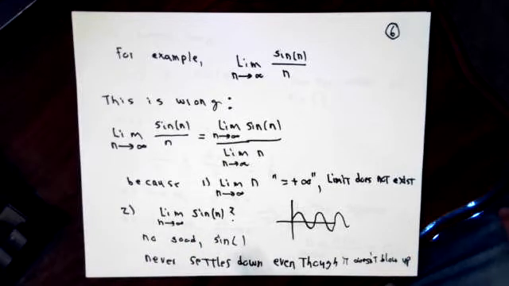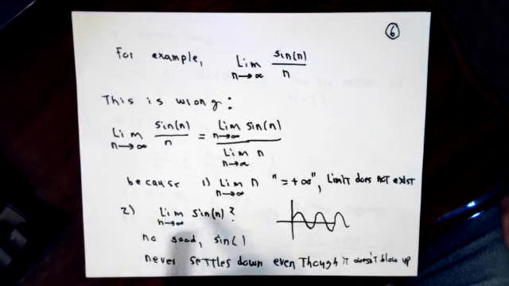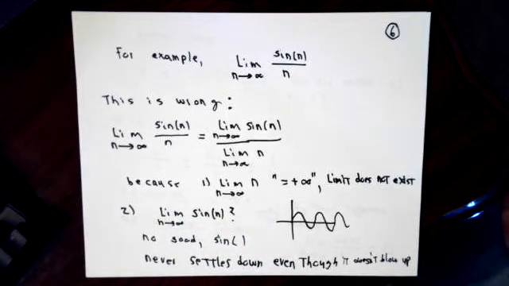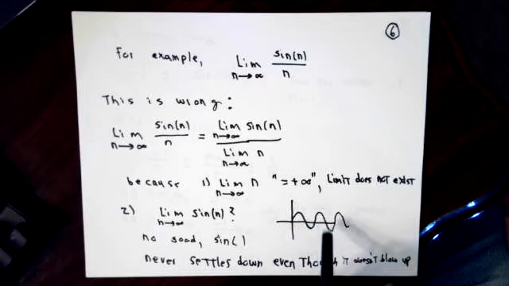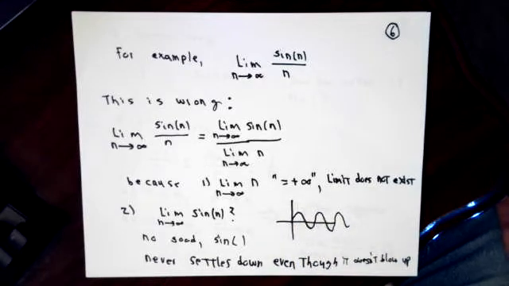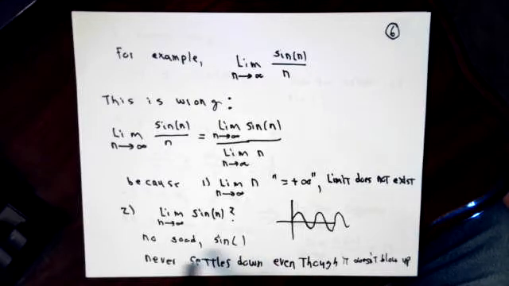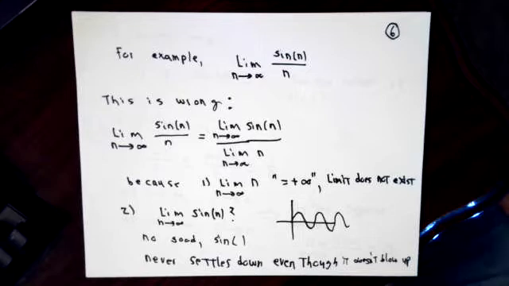And even if that wasn't a problem, what about the limit as n tends to infinity of sine n? The graph of the sine function oscillates up and down between +1 and -1 for the y coordinates. Sine of something never settles down to anything. It doesn't converge, but it doesn't converge for a different reason than the other one.